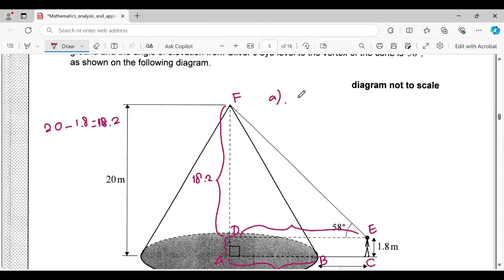So tangent 58 equals DF over DE, and it is 18.2 over DE, or DE equals 18.2 over tangent 58.